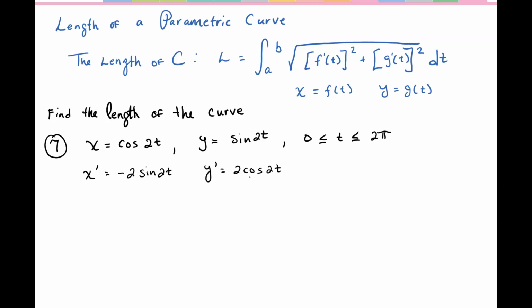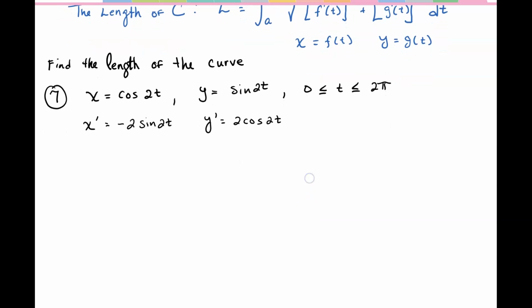All right, so those right there are your derivatives. You plug them in. This one actually works out to be really nice, because I'm already seeing what's going to happen. From 0 to 2 pi, I know I'm going to square it. I've got a sine and a cosine, it's really nice. I'm seeing Pythagorean identities left and right here.